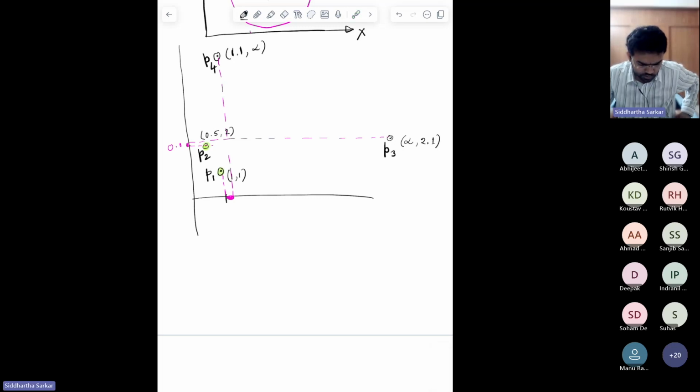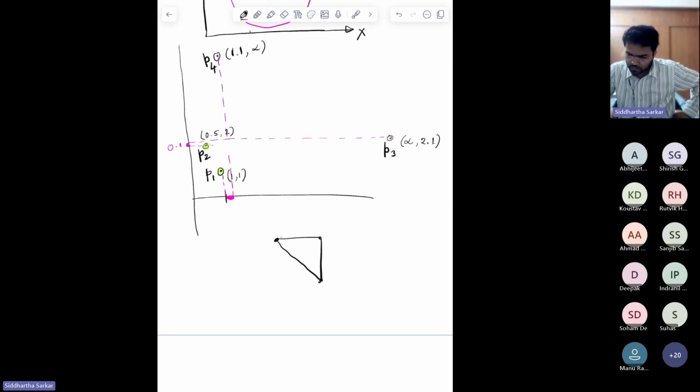So Soham is saying that imagine the right triangle with perpendicular sides parallel to the axis. This is what you're saying. This does not work.